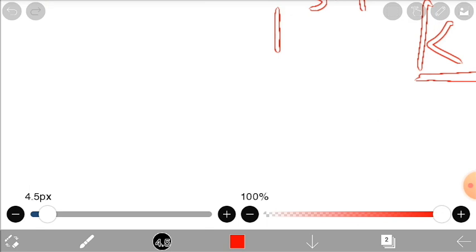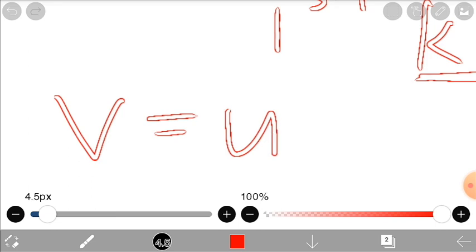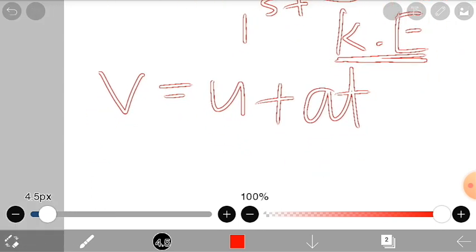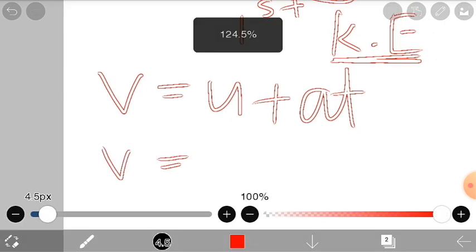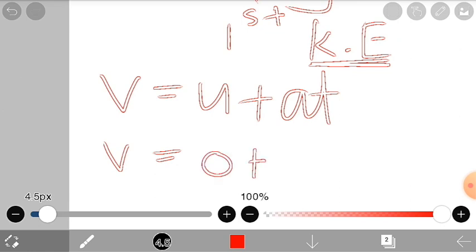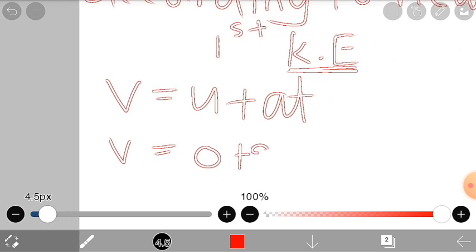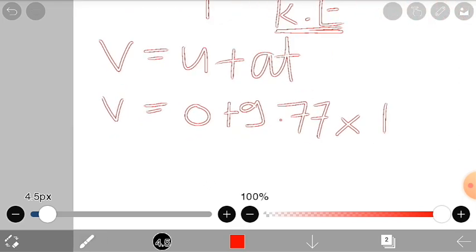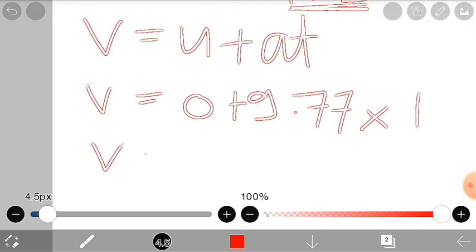What is the first kinematical equation? The first kinematical equation is V equals U plus AT. Therefore we have to find V, that is final velocity after 1 second. Therefore V equals initial velocity 0, plus acceleration 9.77 and time is given as 1 second. Therefore we can finally write velocity equals 9.77 meter per second.